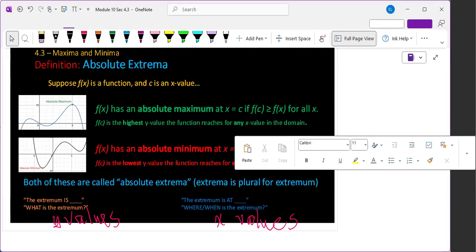It's really easy to miss the at there that changes what you want to type. So the is what the absolute high or low value is, which is the function value, so it's the y value. And then the where is it at is the x value that it occurs at.